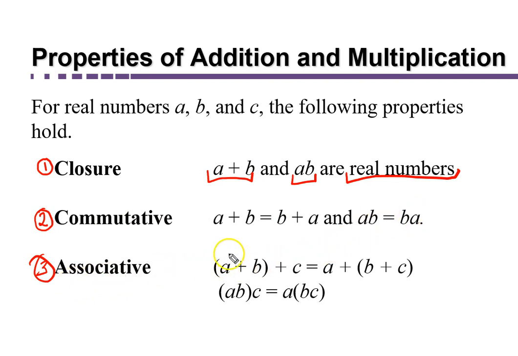Now, the associative property, I like to write this out too. So I'm going to say (A plus B) plus C equals A plus (B plus C). You're saying, wait a minute, those are identities. These are exactly the same. Yes. Well, how do we make the associative property out of that? Well, we're saying that we could add A and B first, and then add the C. Or we could add the B and C first, and then add the A, and we'd still get the same result.